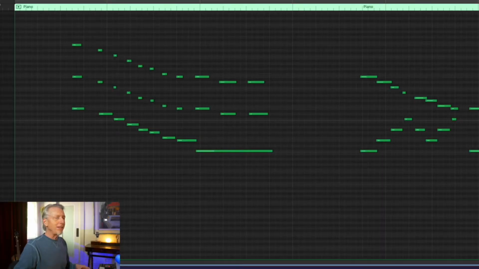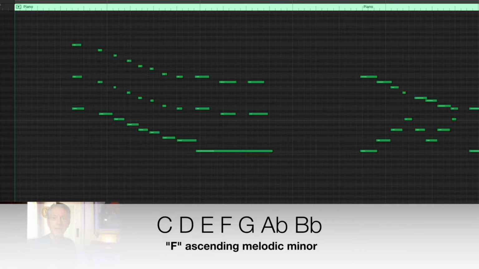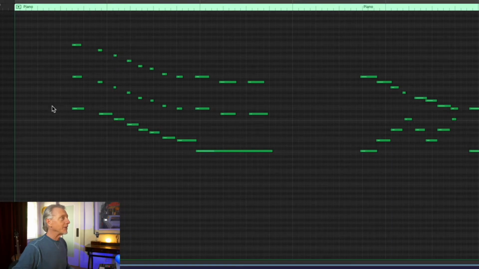Well, I didn't just leave it at that. I was really interested in exploring a very specific harmonic language. Now, we're coming up to something that wound up being a very important theme in the show. I was particularly interested in the fifth mode of the ascending melodic minor. And if that's a little confusing, I'll refresh your memory about what it is.